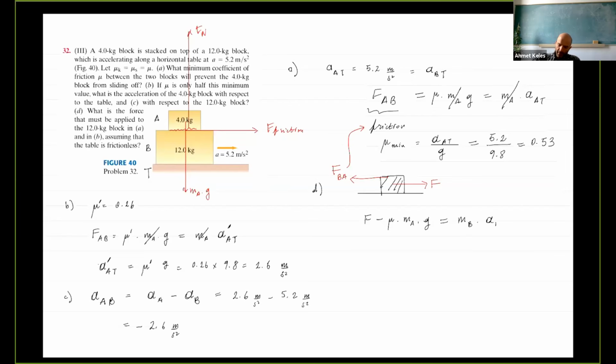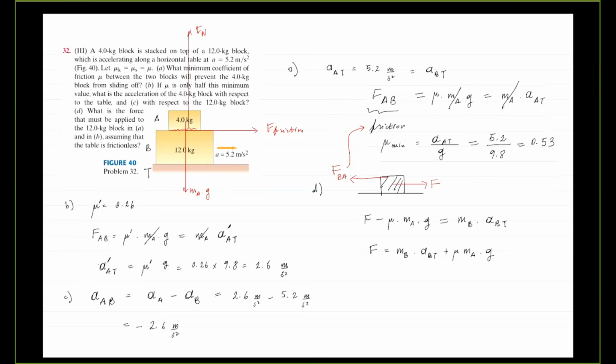And this should be the acceleration of B with respect to the table. And this force is equal to M_B times a_BT plus mu M_A times g. Is that clear?